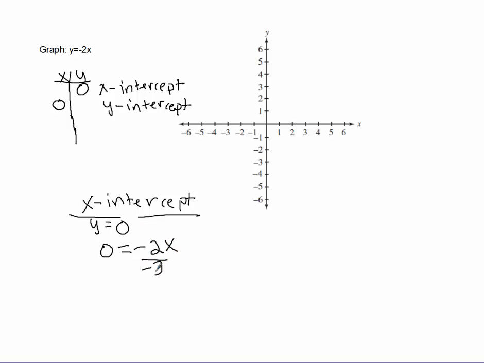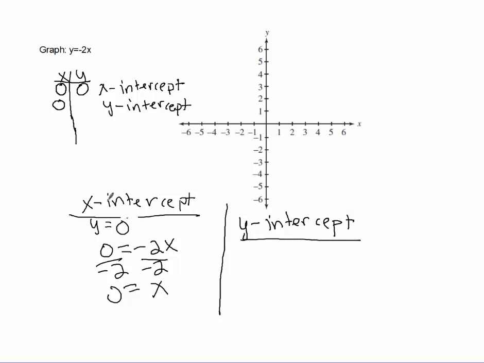Divide both sides by negative 2 to find x, and you see that x is 0. So it just so happens that 0 is also the coordinate of this x-intercept. And let's see what happens with the y-intercept. Actually, before I find it, let me graph the x-intercept. So 0, 0 would be here.